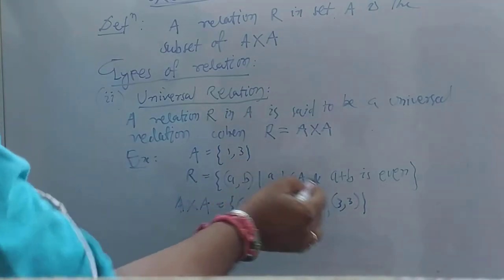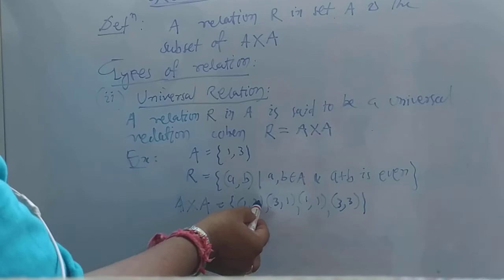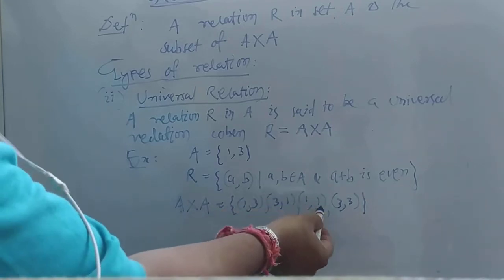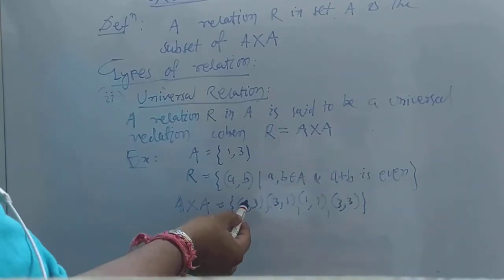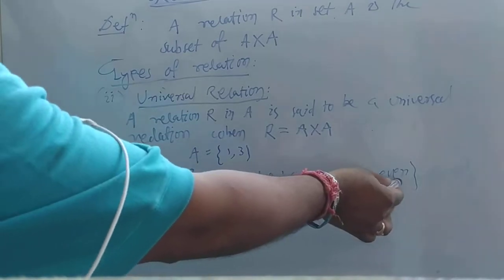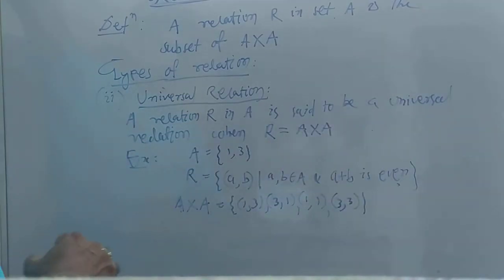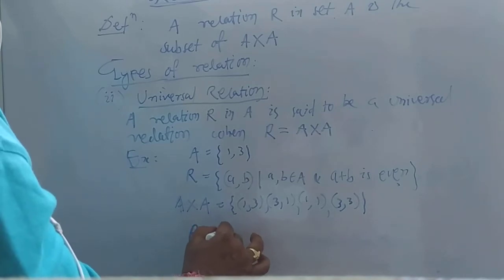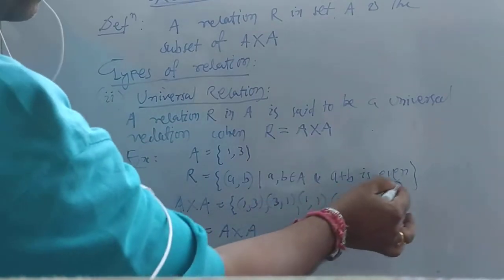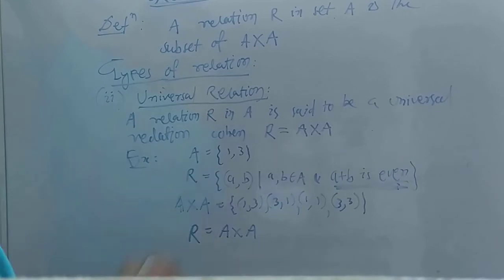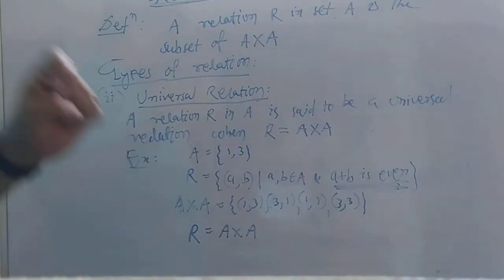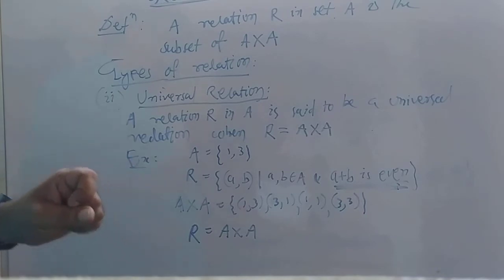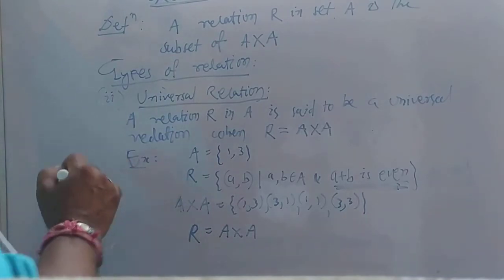Now in each case, 1 plus 3, 3 plus 1, 1 plus 1 or 3 plus 3, we are getting an even number. So here R is equal to A cross A as per this definition. Hence in this case R is said to be a universal relation. Is it clear?